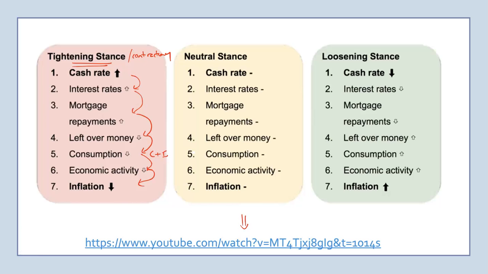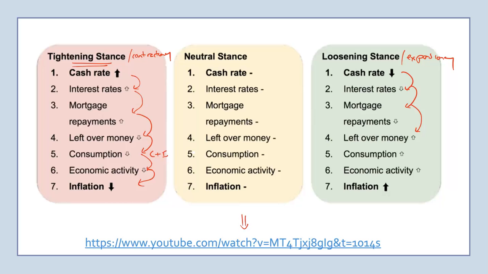Now, the opposite is loosening stance. This is if you have an expansionary monetary policy. This is where the cash rate goes down, leading to a decrease in interest rates. This reduces how much people have to pay on their loans, specifically in this case, our mortgages, so home loans.